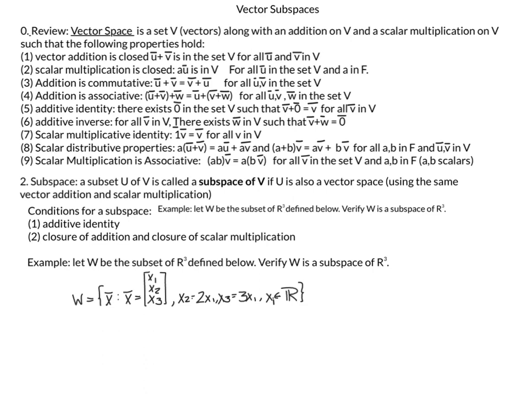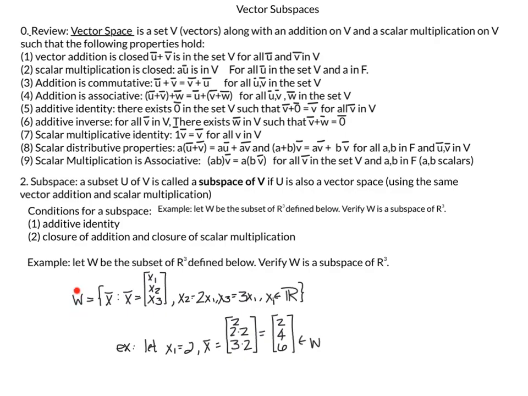Our next example: let W be the subset of R3 defined below. We want to verify W is a subspace of R3. W are the vectors x = (x1, x2, x3) where x2 is equal to twice x1 and x3 is equal to 3 times x1, and all of these x's are real numbers.